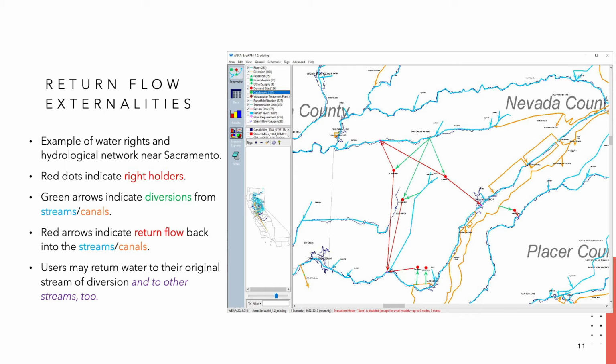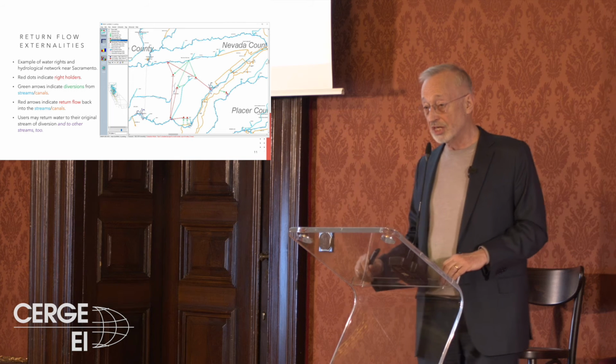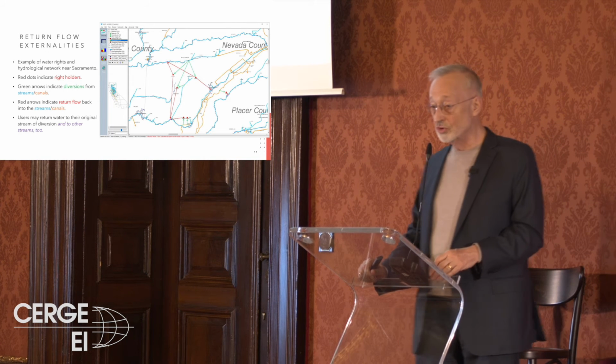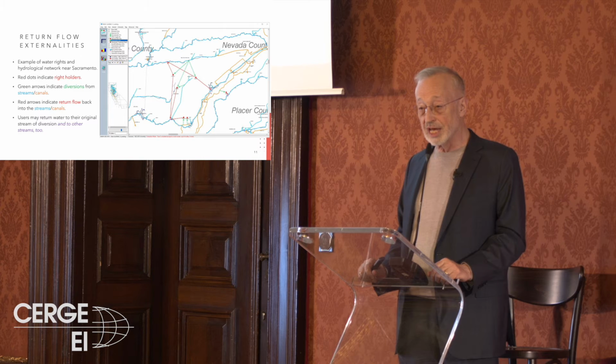If you are a farmer and you use, let's say, flood irrigation on your field, and you put 100 acre-feet of water down on your field, not all of it goes into the crops. Some of it evaporates. That's lost to other local users anyway. Some of it goes down into the ground where it helps recharge the aquifers.